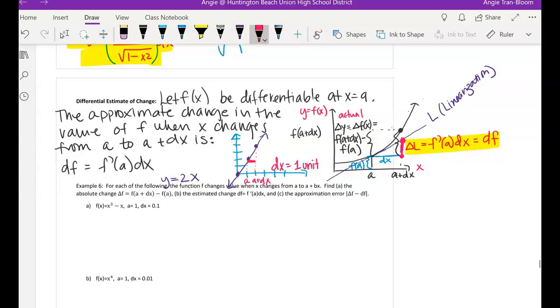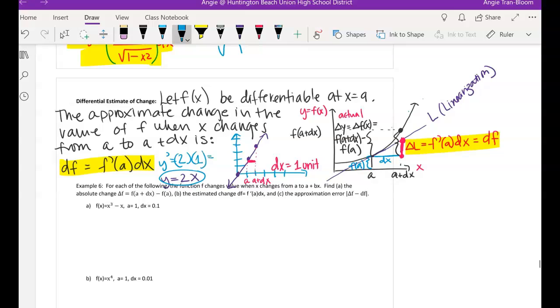So what is the approximation for the change in y? Based on the formula they gave us, the approximation for change in y is the first derivative at A. So if I gave you y equals 2x, y prime is 2, times the change in x, which is dx, which is 1.